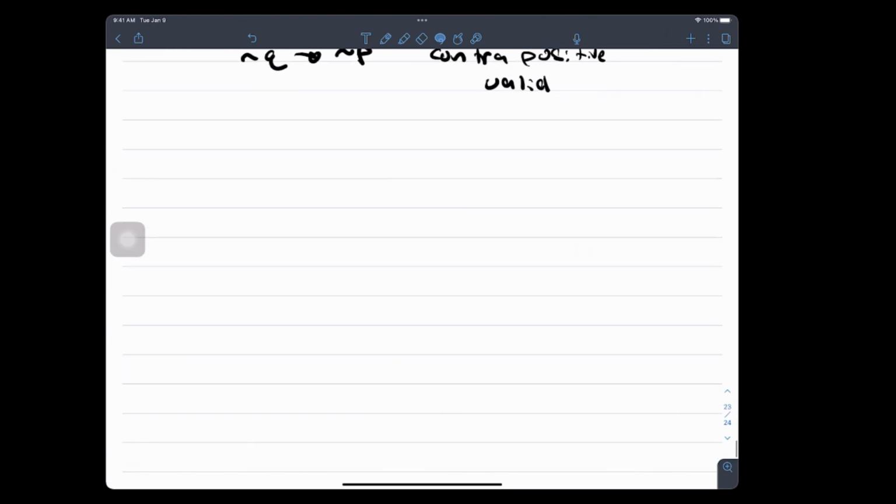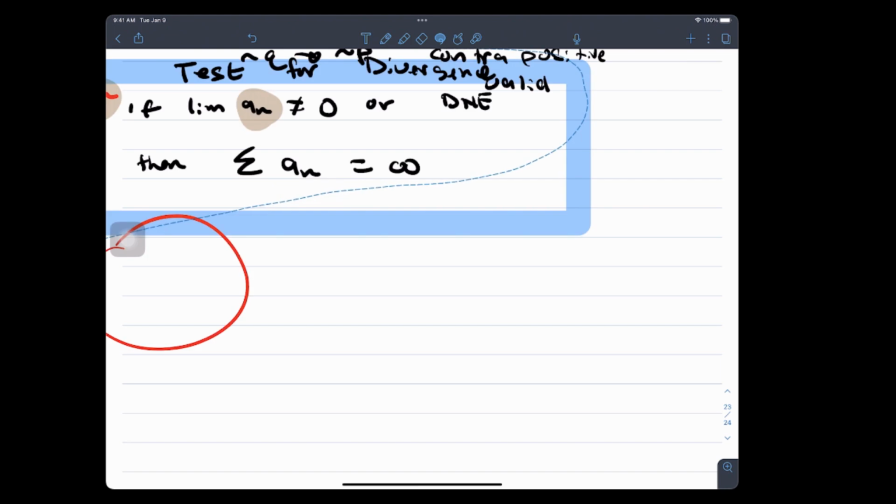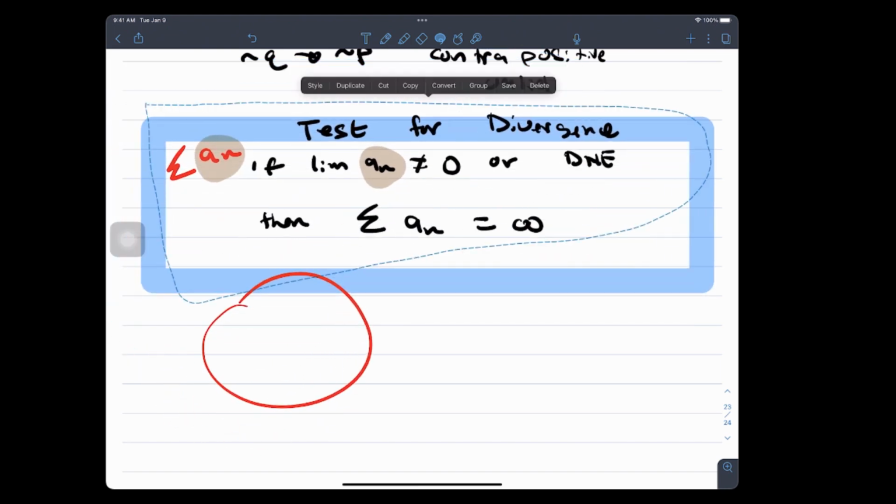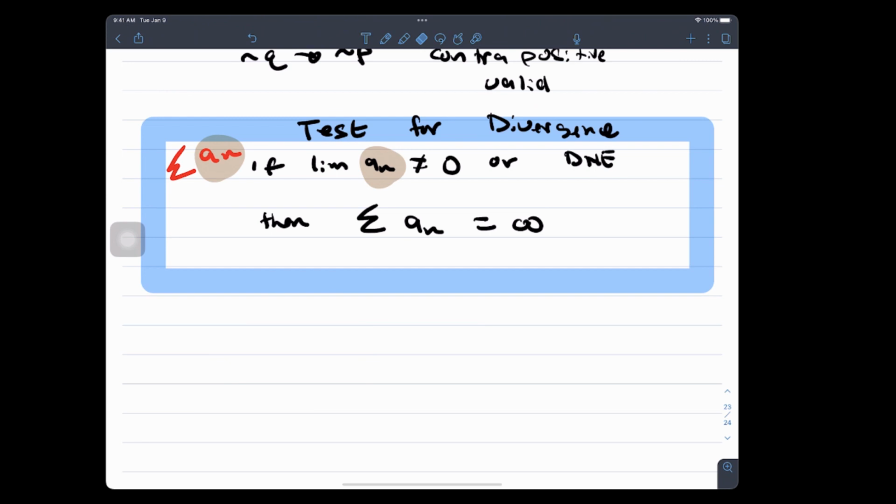For a series, if the limit is not 0, we have to take the negation, or does not exist, then the series diverges. And this is called the test for divergence. It's the contrapositive statement. That's the gold.